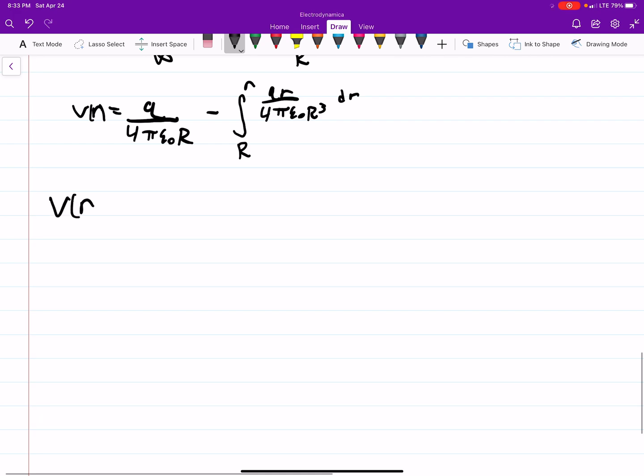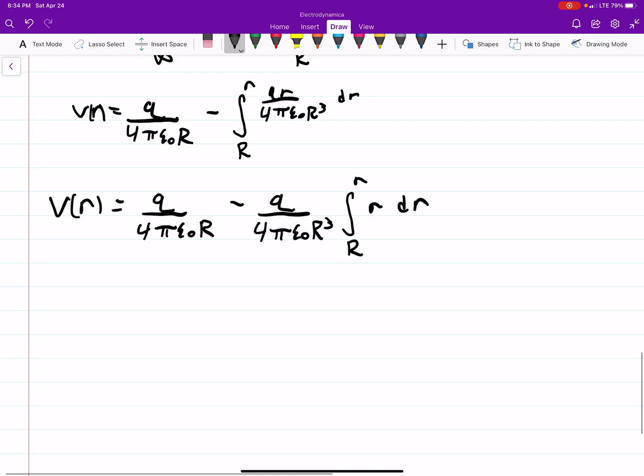So V at r is equal to Q over 4 pi epsilon naught big R minus, I can factor out the Q, 4 pi epsilon naught, and the big R cubed, because we're integrating with respect to little r. And this one is not too bad to do. This is actually a very simple integral.